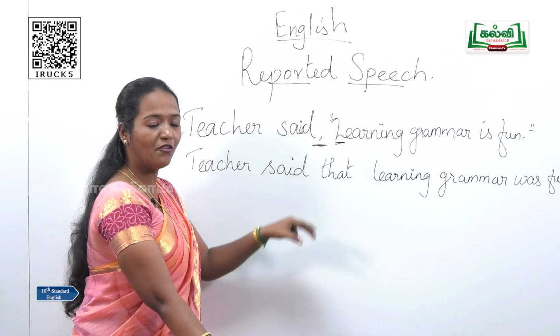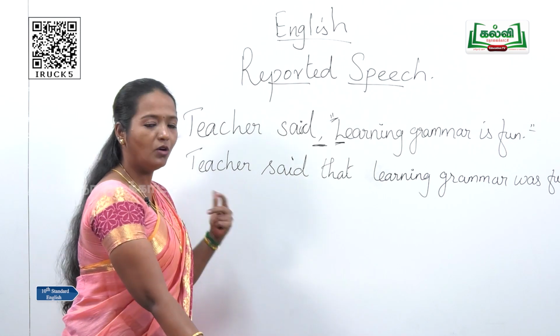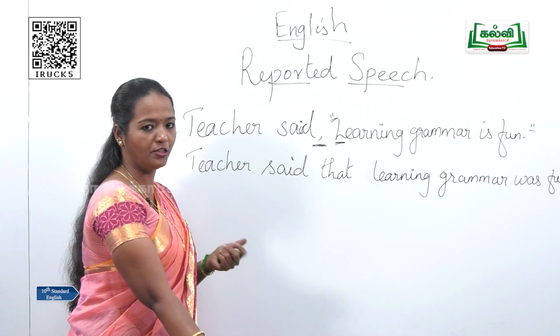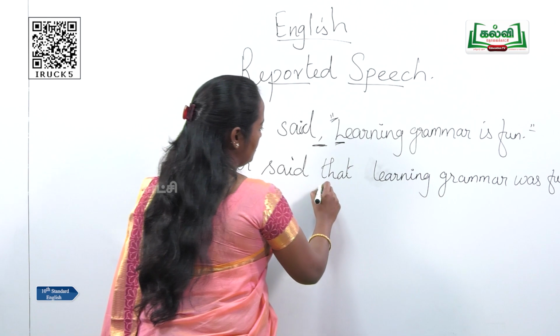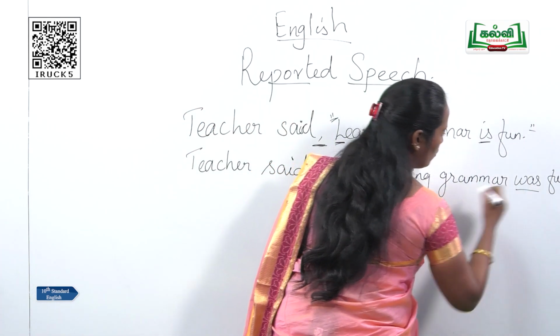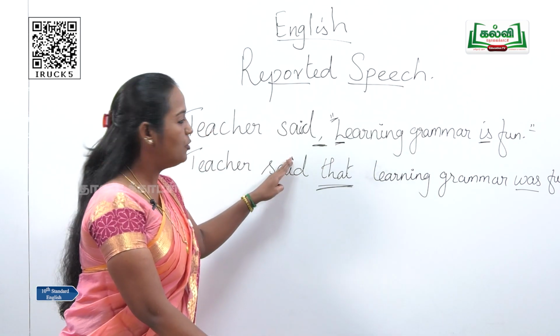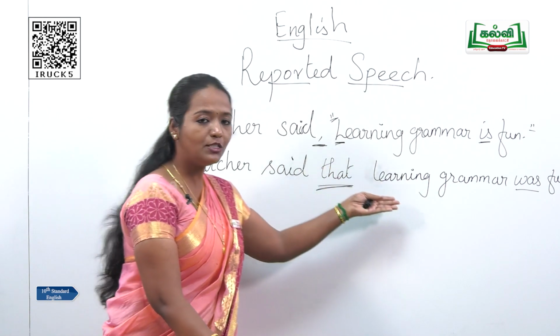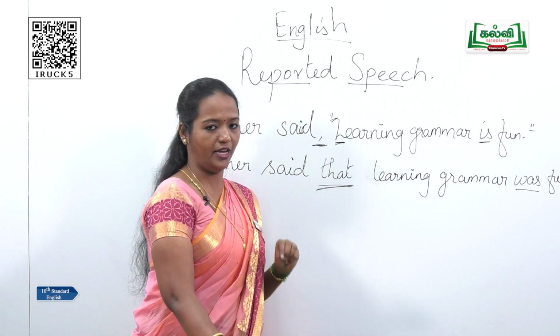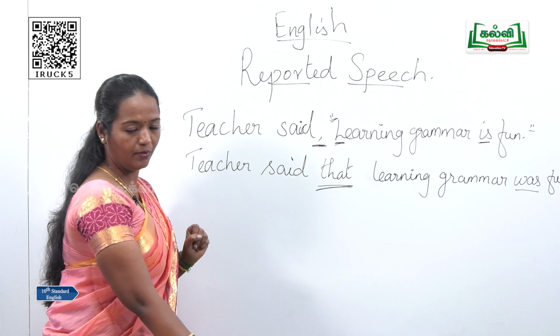So here the message is the same, however, we are not using the exact words of the speaker. So what is the difference between these two? What are the words that are added extra or what is the word that is replaced by some other word? Yes, children. I have added this extra and this is has become was here, right? Very good. So when you are reporting, the tense of the reported words change and you also add a linker there, right?